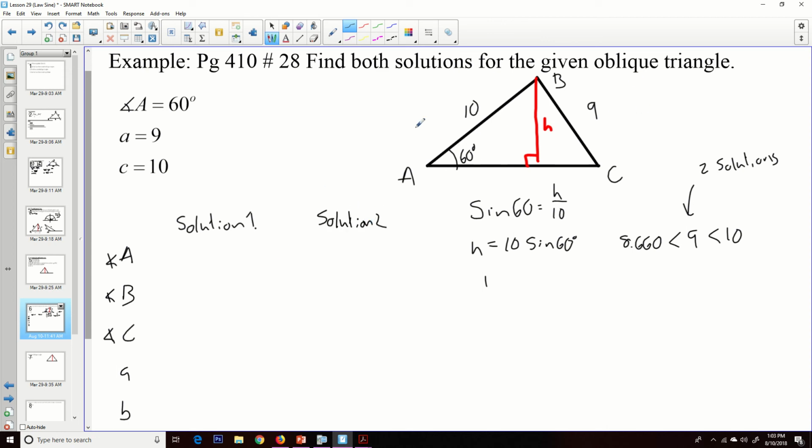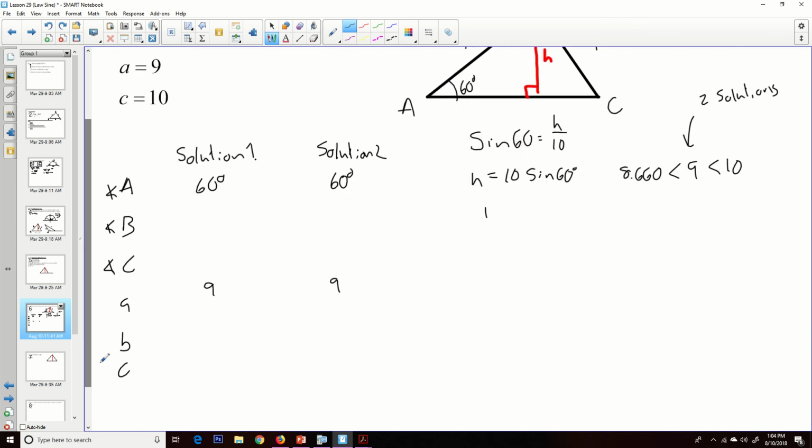Now, the values that are given don't change. So in solution 1, angle A is 60 degrees, and in solution 2, angle A is 60 degrees. Little a in solution 1 is 9, and in solution 2 it's also 9. Little c is 10 in solution 1, and it's also 10 in solution 2.